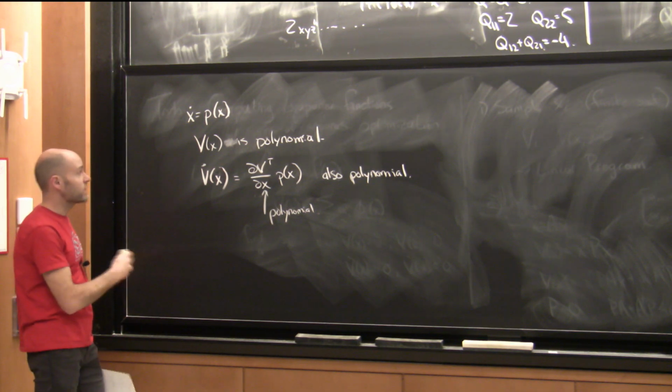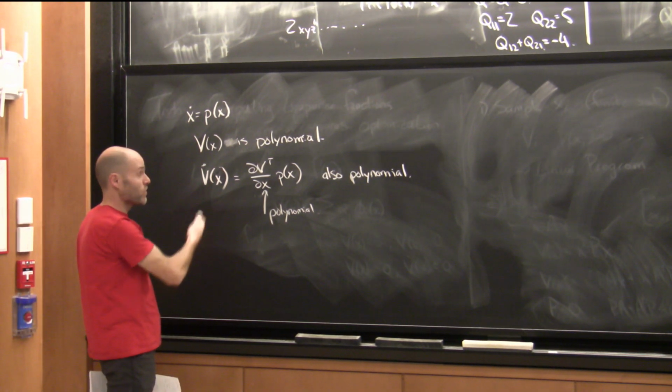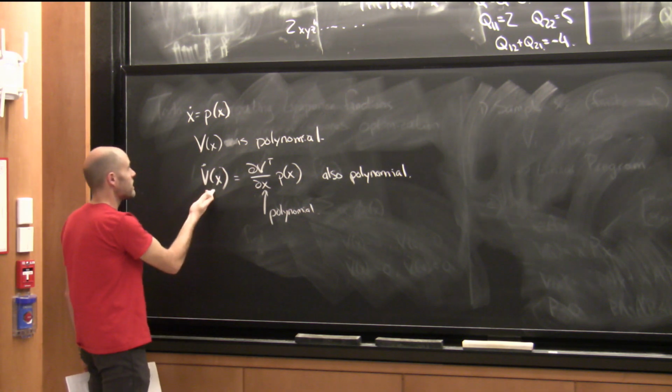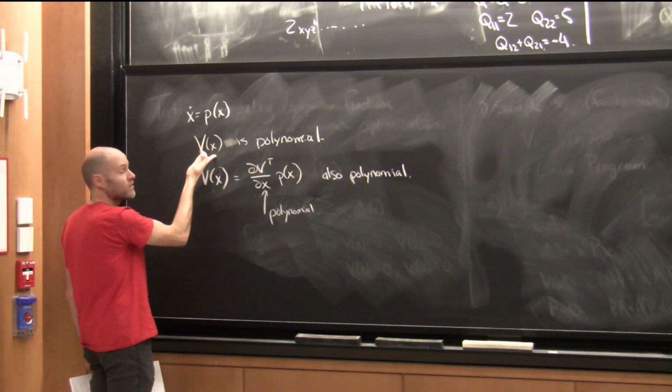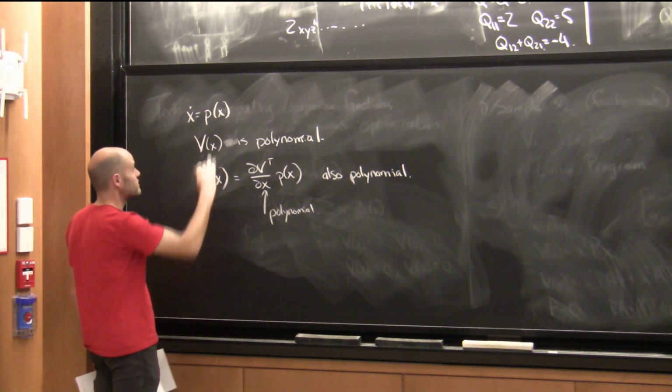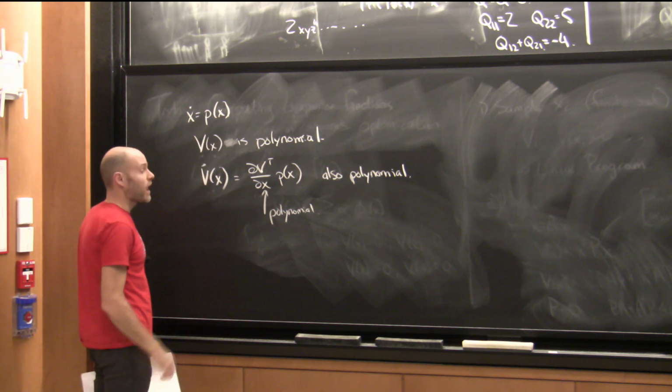So I can actually write optimization problems in a few lines that say search for a v of x, or even the simplest case is just to verify. Let's say you have a Lyapunov function. You come to the table. You say, I think this is a Lyapunov function for this system.